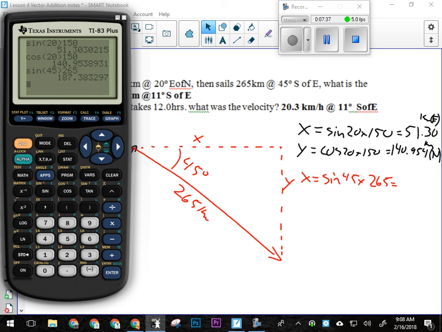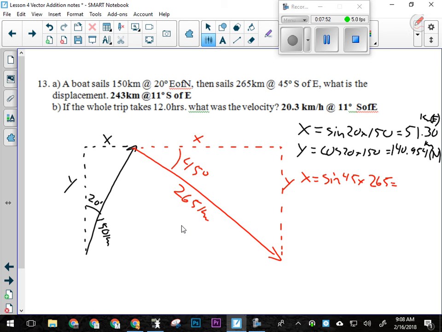Why? Because it's a 45-degree triangle. Two sides are the same if it's 45 degrees. So I was right to draw it a little ways past where I started in terms of y. I might make it a little bit longer just to be a little bit more correct there. So 187.383 kilometers, and that'll be south.